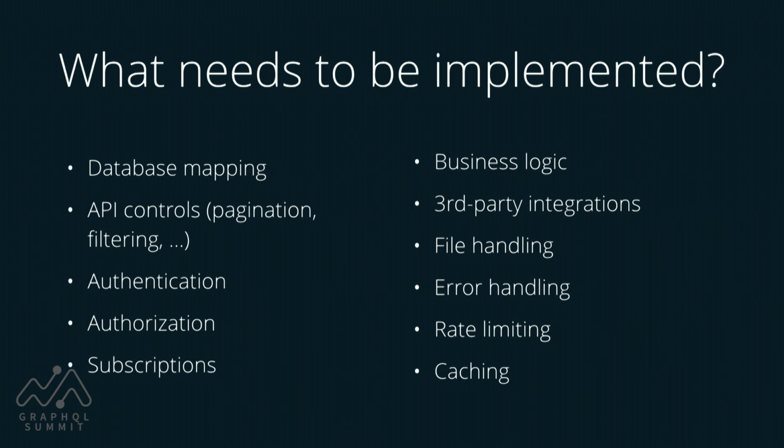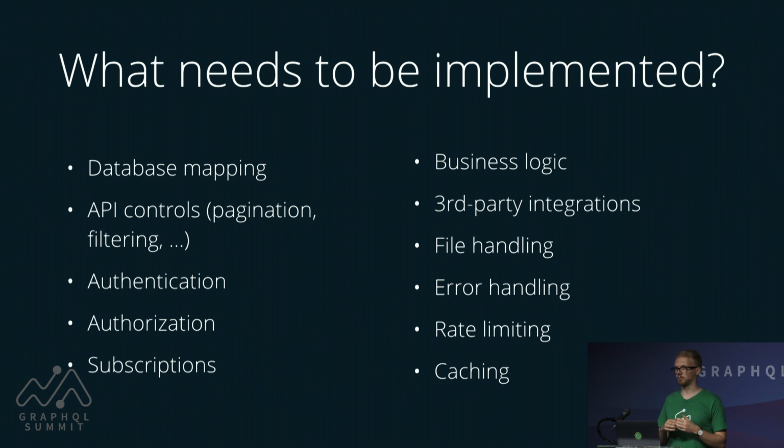So once you've chosen your technology, now you can actually start implementing your GraphQL server. And there's a ton of stuff that you need to do. Most importantly, as you're building a new server, you want to read the data from somewhere, and you want to persist the data. So you really want to map your API to a database.